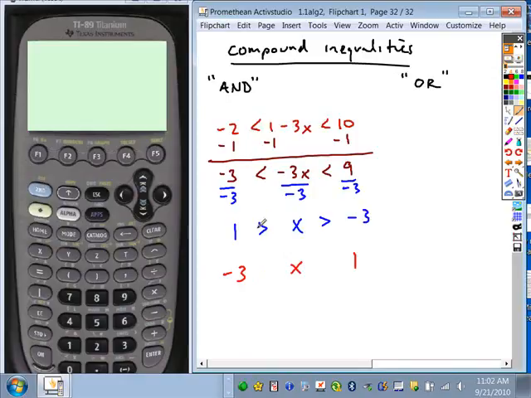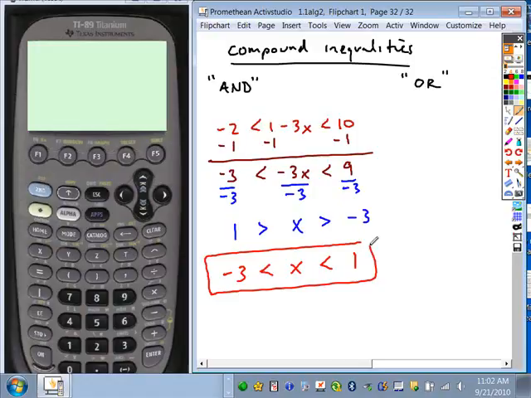So with comparison to the 1, the inequality symbol is opening to the 1. So when I rewrite it here, I need to open it to the 1. My inequality symbol here has the point pointing to the negative 3. So I need to have the point pointing to the negative 3 when I rewrite it. So here would be my inequality form for this expression.